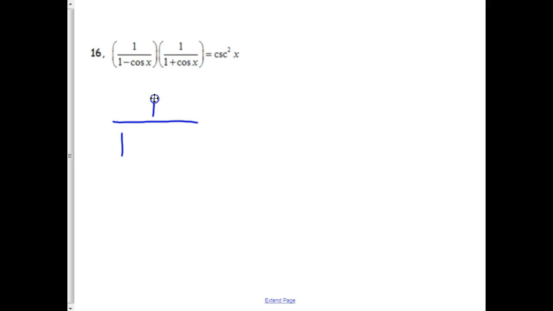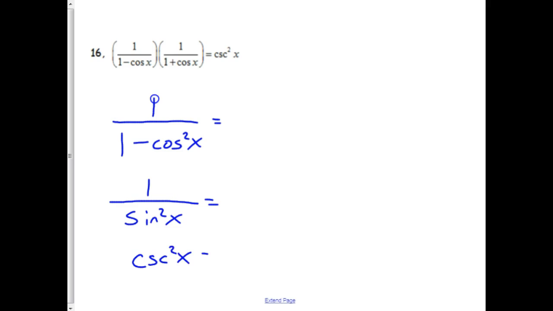So it's going to be 1 minus cosine squared x. Okay, well 1 minus cosine squared x is the same thing as sine squared x, right? So it's 1 over sine squared x. Okay, which happens to be cosecant squared x. And that's exactly what I was looking for. So that one was short and sweet, very easy.